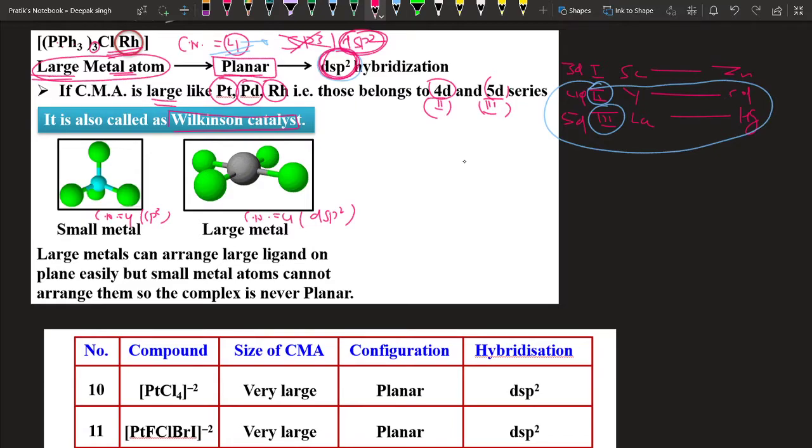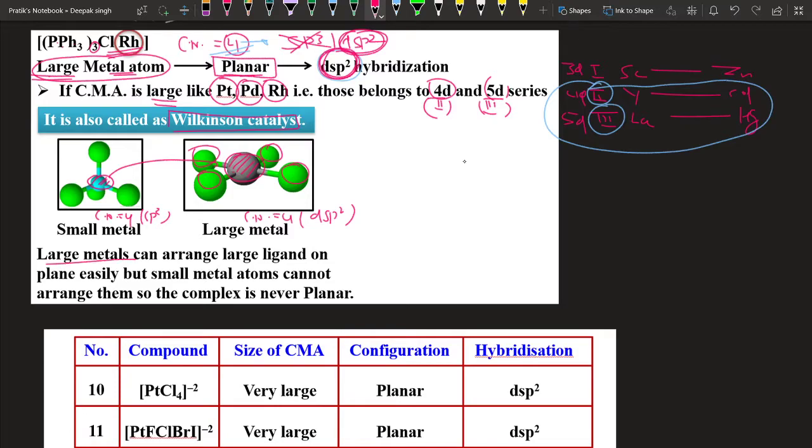If you compare the size of the metal, here the metal atom is smaller. Generally it is from the first transition series, and here the metal atom is very large. Because of the larger size of the metal atom, it provides larger surface area, so it can hold all ligands in the same plane without any steric hindrance.